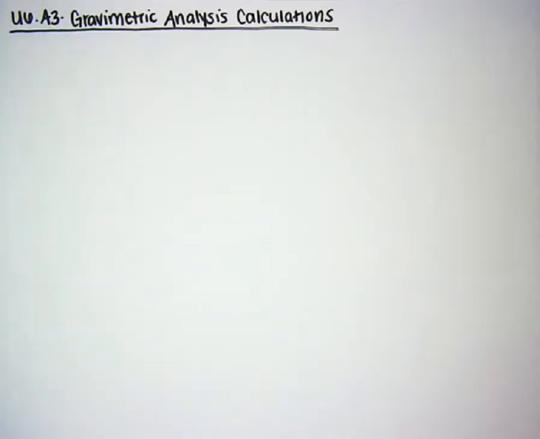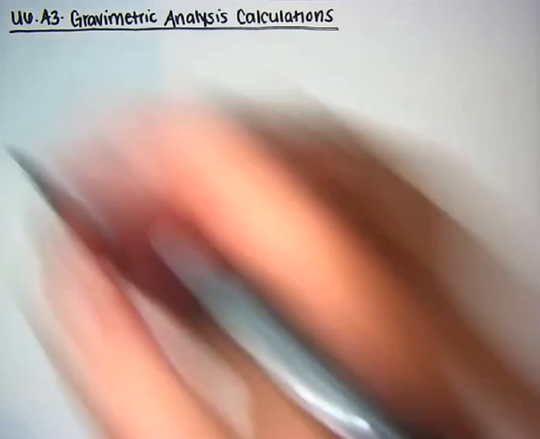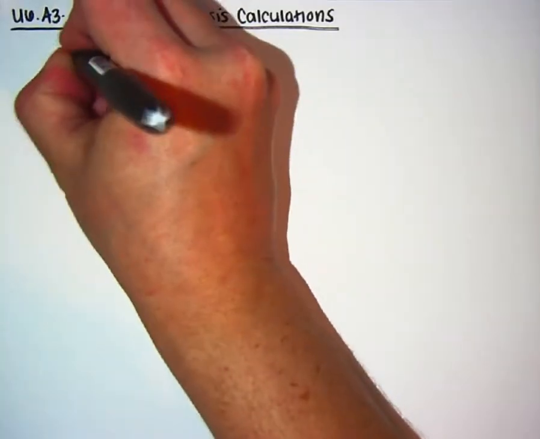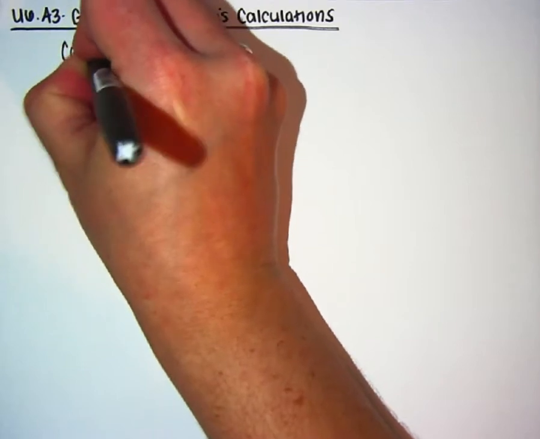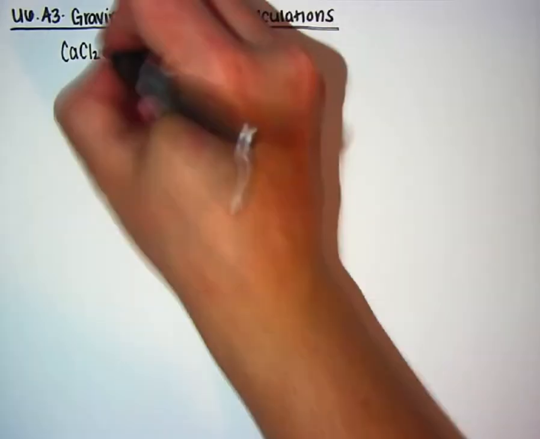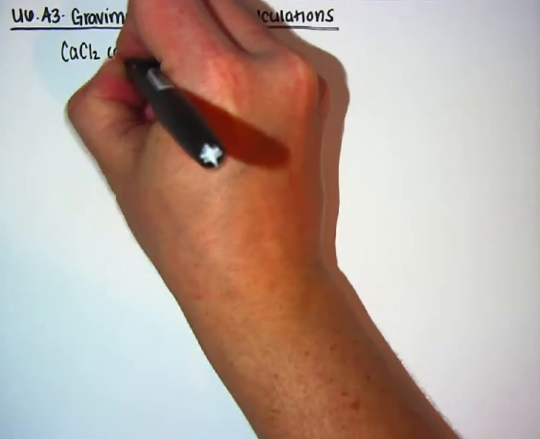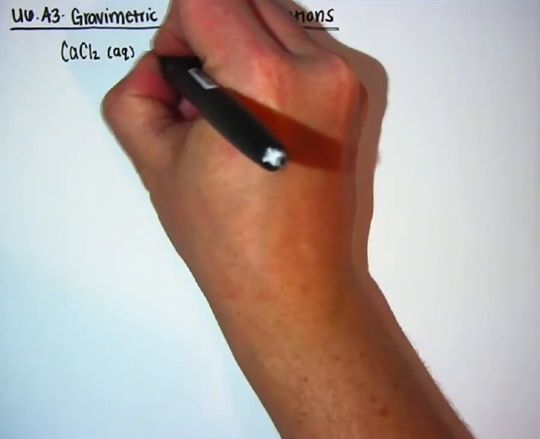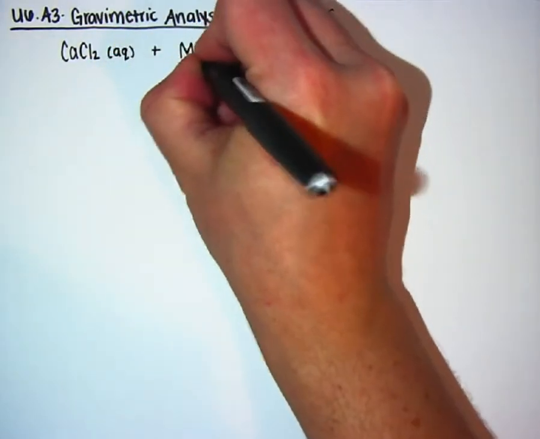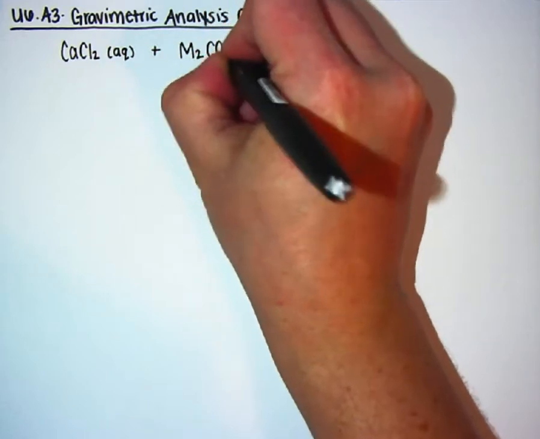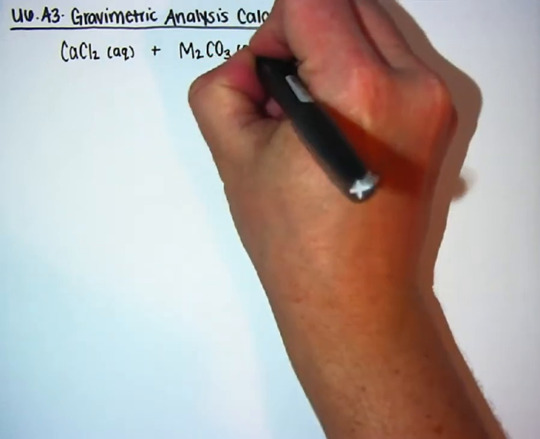In this lesson, we're going to do some sample calculations that will help prepare you for the gravimetric analysis lab. So let's say we had a chemical reaction where we were reacting aqueous calcium chloride with a group 1 metal carbonate.